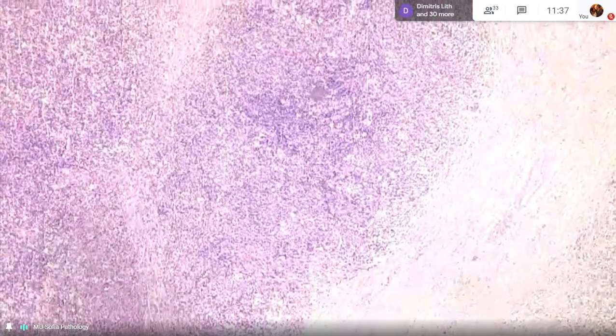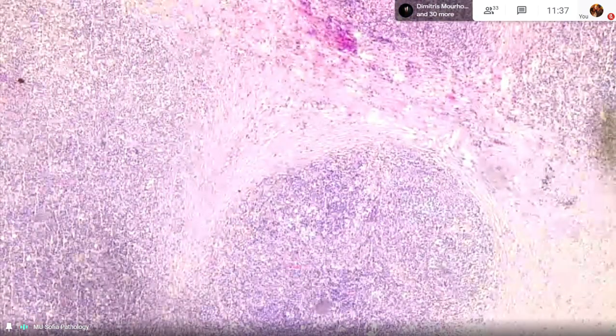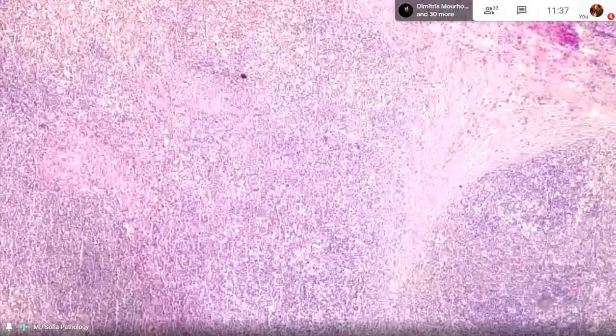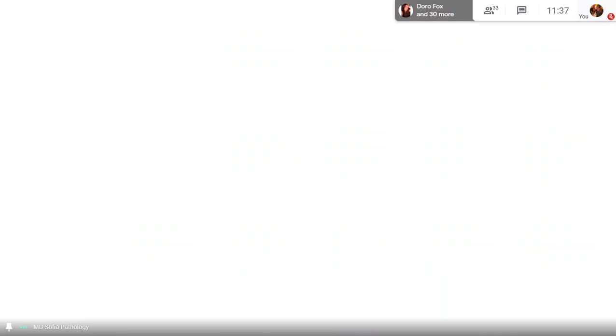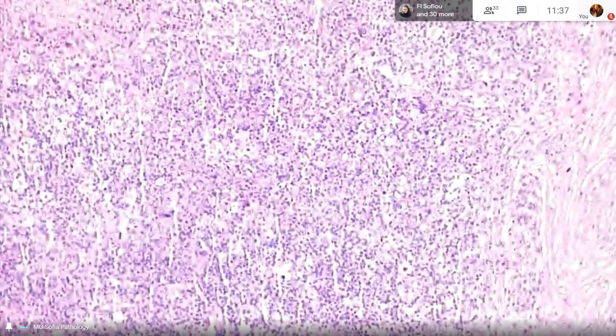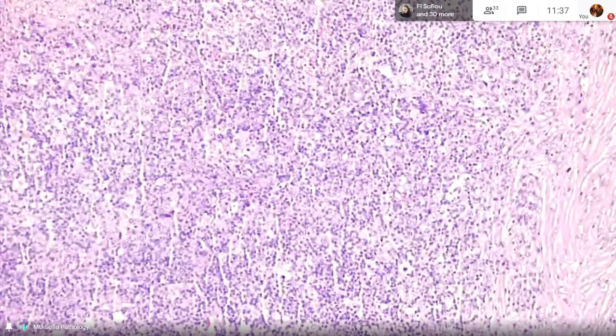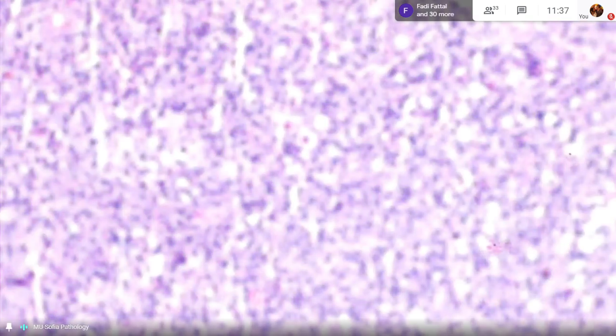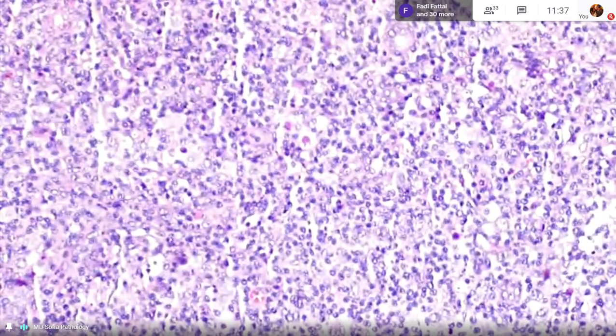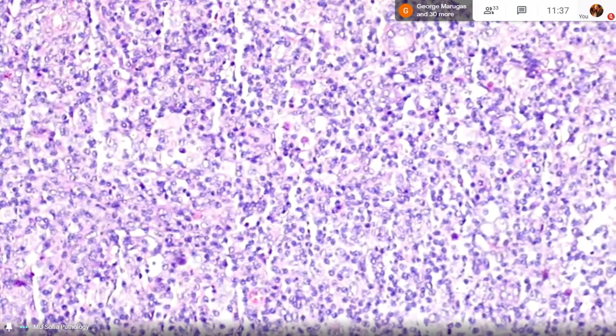You have large bands of fibrosis here within this slide. And when you go on high magnification, you can see different type of cells. It's good for the lymph node to use the highest magnification.